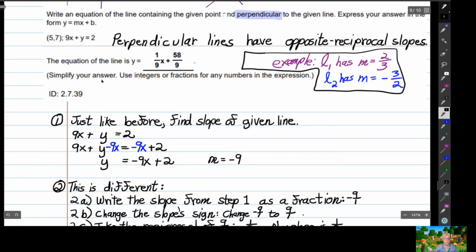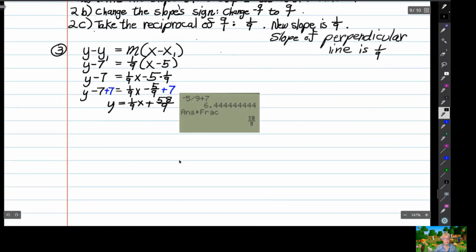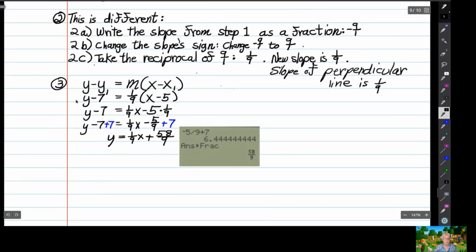And there's the answer. But, okay, it's going to go through this point, 5, 7. So we'll have y minus 7 equals 1/9 times x minus 5. I distribute 1/9. 1/9 times x minus 1/9 times 5.